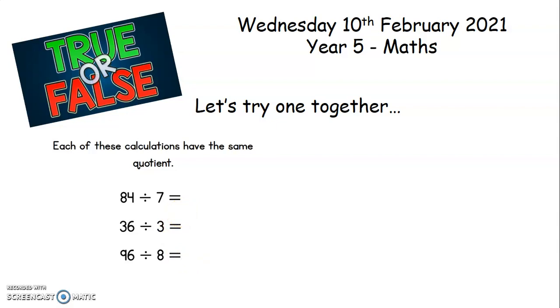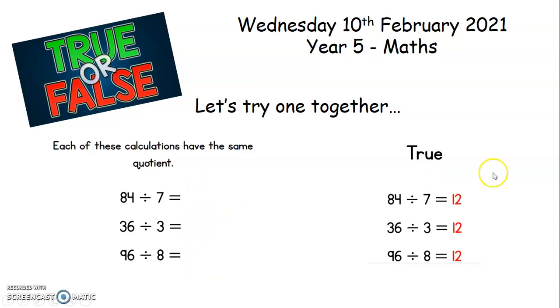Let's do the same thing. 11 times 7 is 77. If I add on 7 more, will I get 84? 77, 78, 79, 80, 81, 82, 83, 84. I do. So in this case, it must be true. All of the quotients will be 12. And there we go, there's my answer.